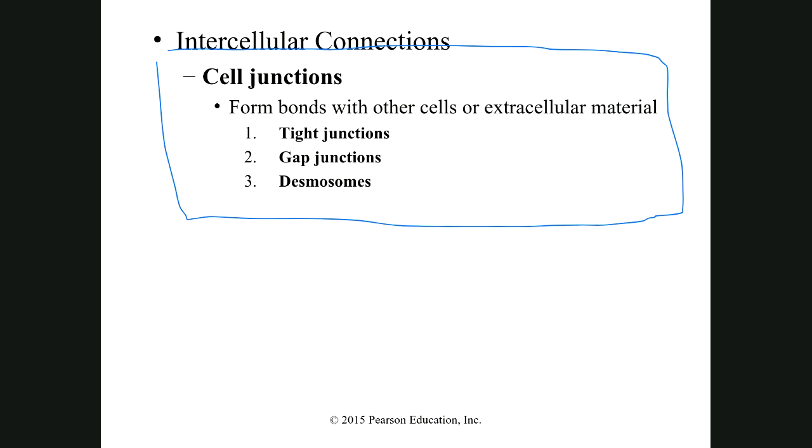Cells in the epithelium work together as a, I'm going to write this down, community. Okay. And in order for it to work together as one community, they must link together.